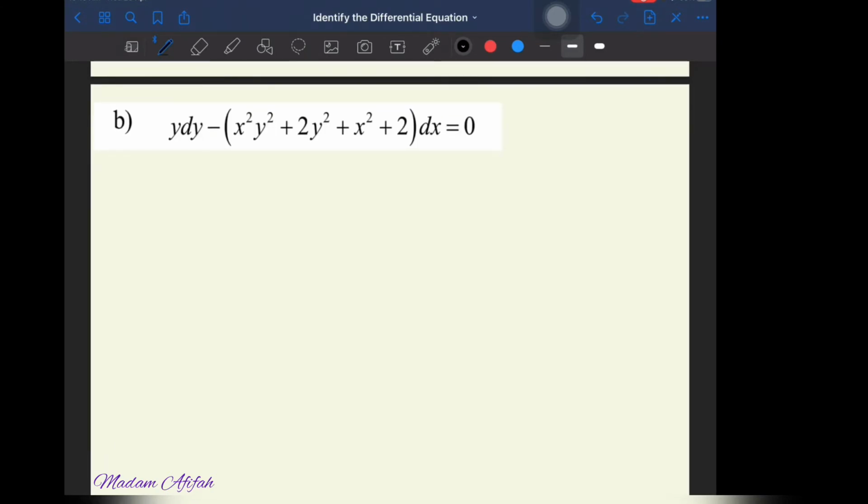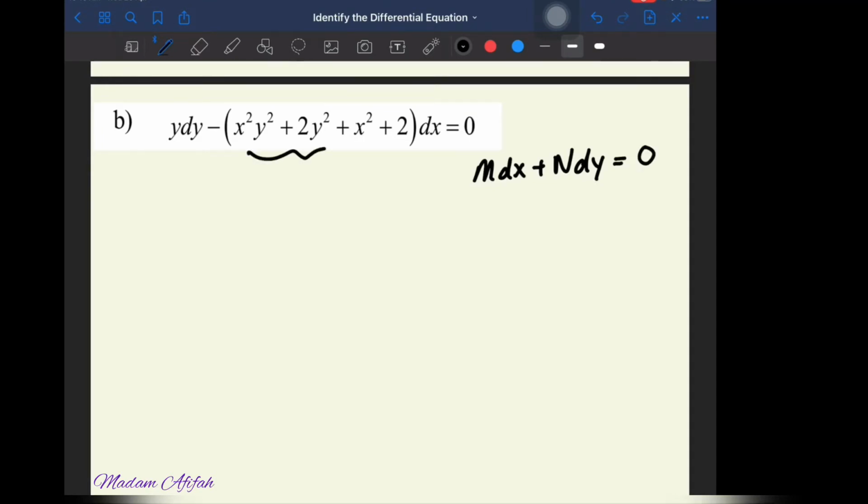Since the given differential equation is in the form of y dy minus a function with respect to dx equals 0, a few of you might be thinking it must be an exact equation. Okay, so when you want to try whether it is an exact equation or not, first you need to write it in the form of M dx plus N dy equals 0.